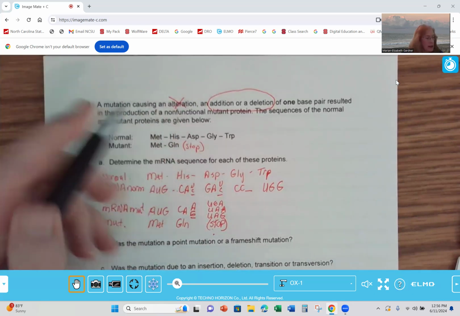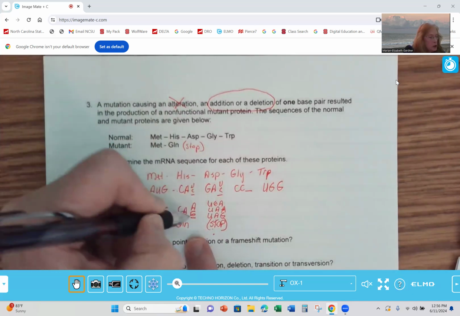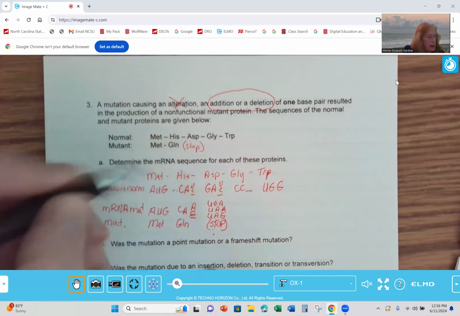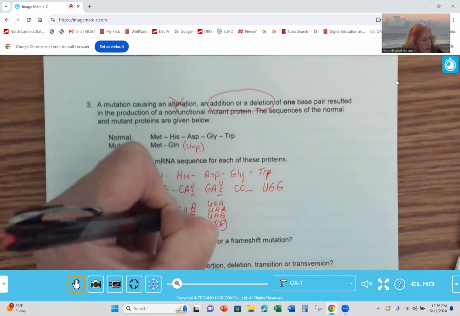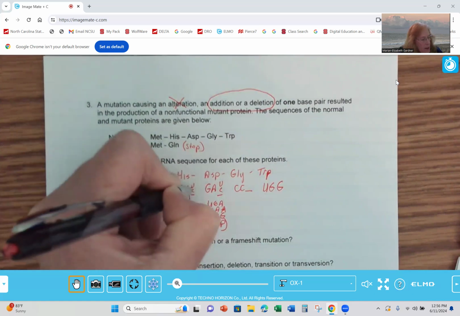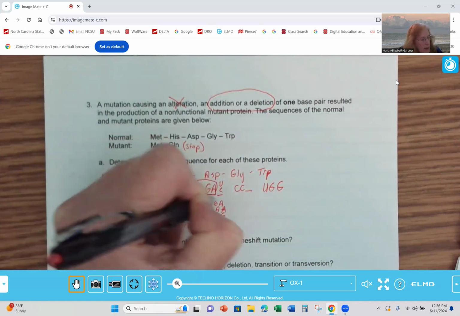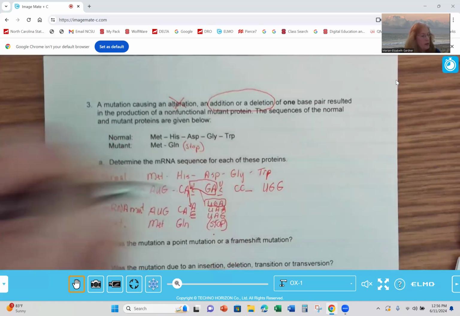But let's see if I can look at some similarities here. If I inserted something right here for this position, then UGA would be my stop codon and would be in the next reading frame.